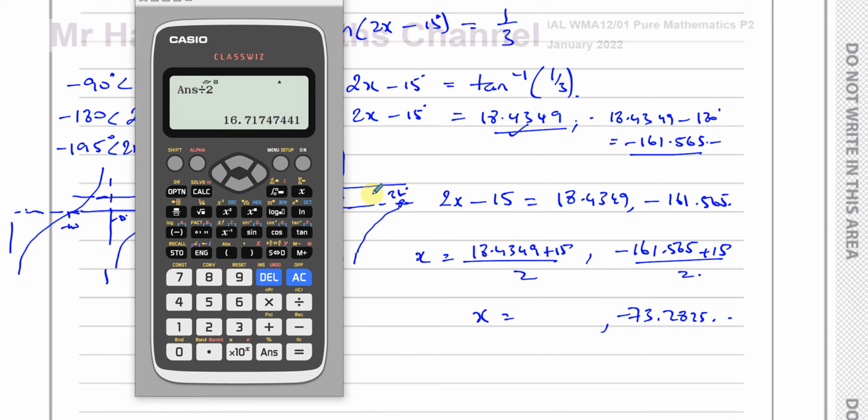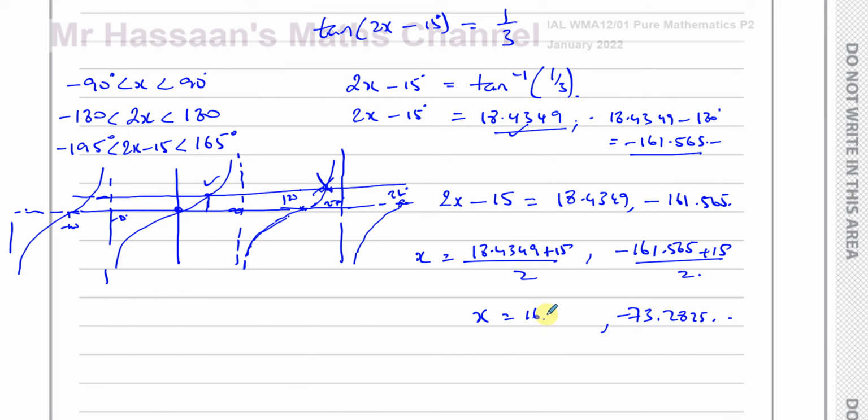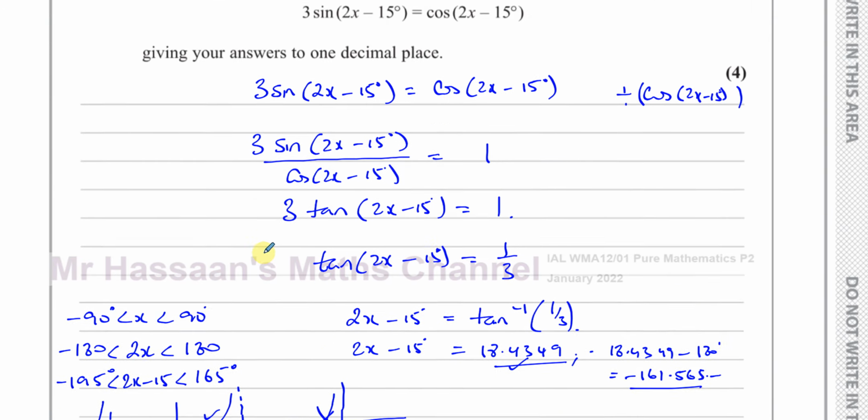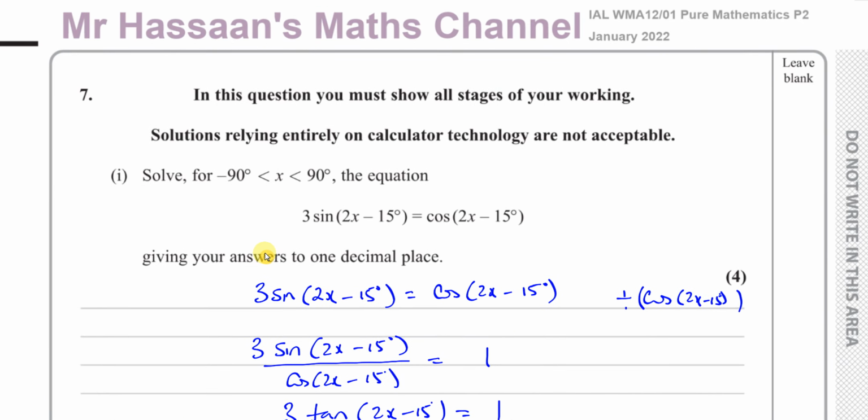That gives me 16.717. So my final answers to one decimal place are 16.7 degrees and negative 73.3 degrees. Those are the answers for question number 7, part 1.